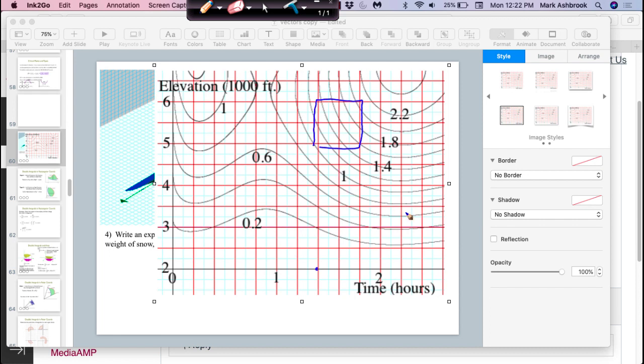Okay, but now going from 1.4 to 1.8, 5 to 6,000 feet. But you're going to break it up into 4 subproblems, right? We're getting a more precise way of calculating this, a better estimate for the weight of snow falling in that time interval and in that elevation range. Go, work together.